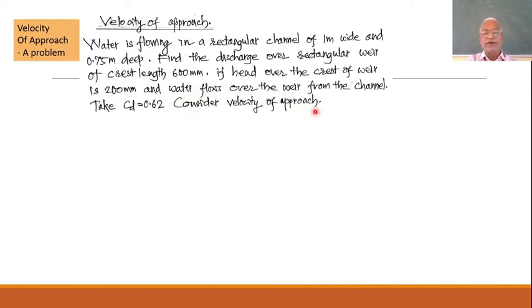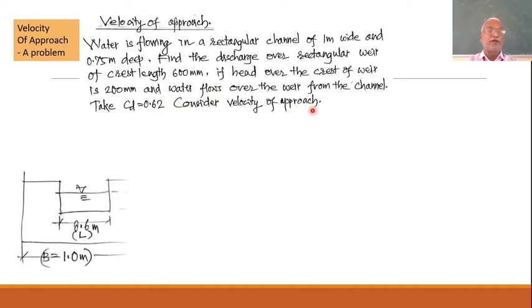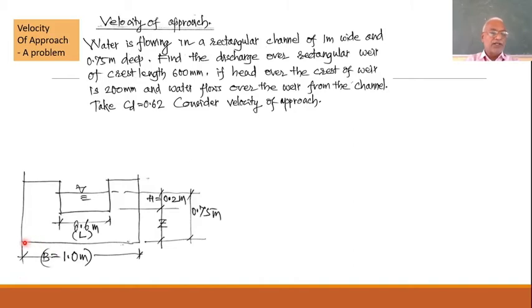We'll see here. Now whatever data they have given, if I try to draw it, the diagram will be something like this. The channel is having full width of 1 meter and the depth of the flow is 0.75 meter.